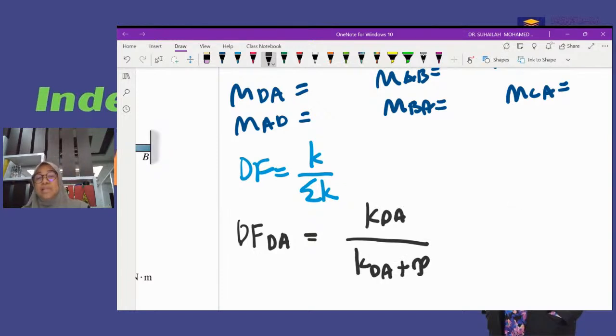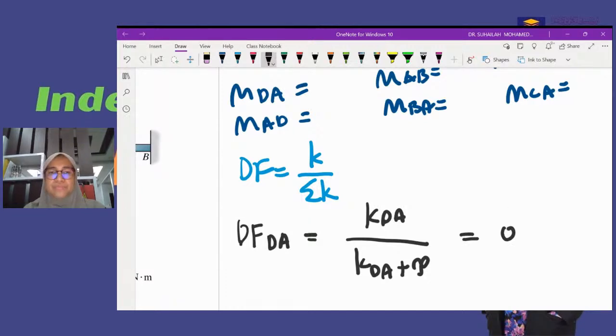Why infinity? Because a fixed end is not the end of the structure, so we must add infinity. The end of a structure is a cantilever end, a roller support, or a pin support, but fixed is not the end of the structure. So we add infinity, and we will get this as 0.